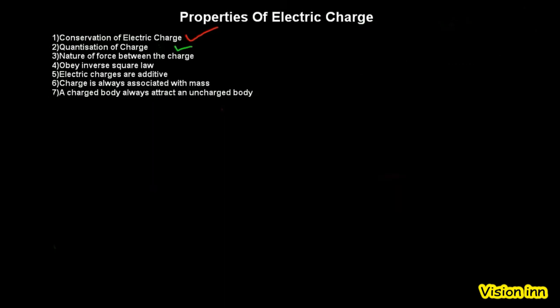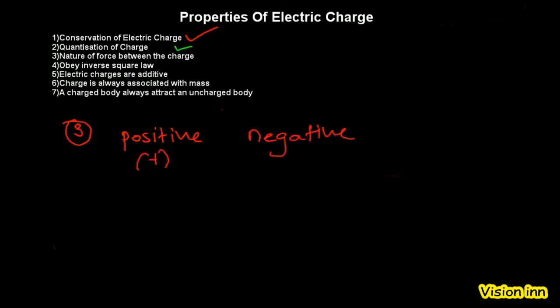The third property is nature of force between charges. There are basically two types of charges: positive charge and negative charge. A positive charge and a positive charge, if placed close to each other, will start repelling each other.